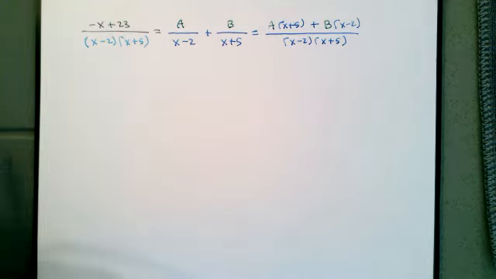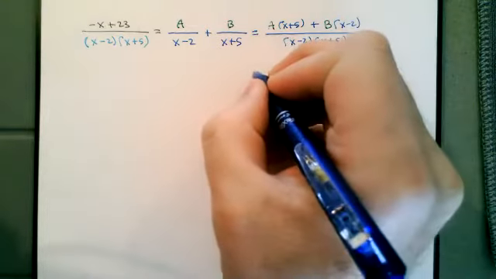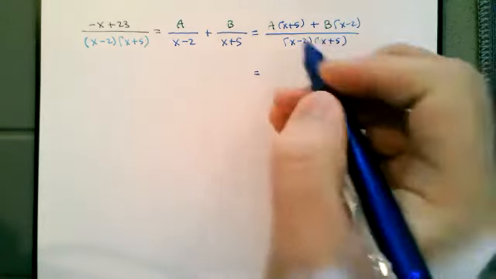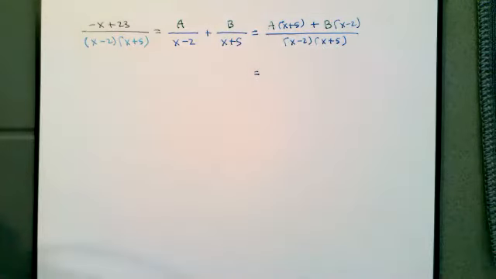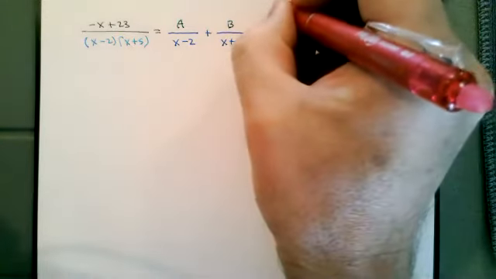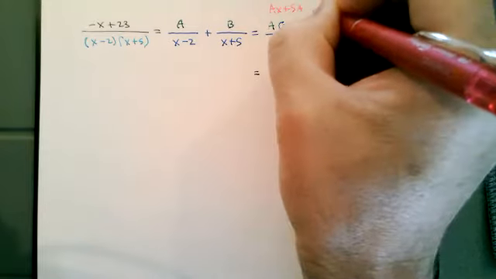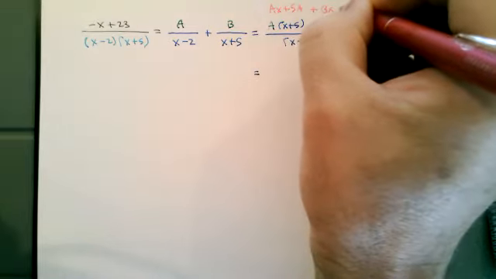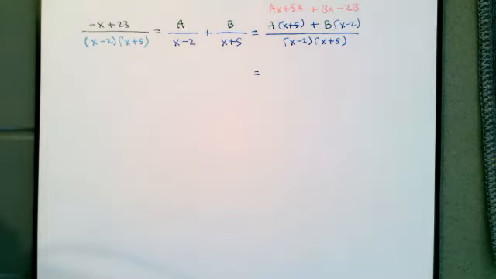So what we get on top is an Ax plus 5A. Let's call this all out. We got Ax plus 5A, plus Bx minus 2B. So notice what we have is the Ax plus Bx.